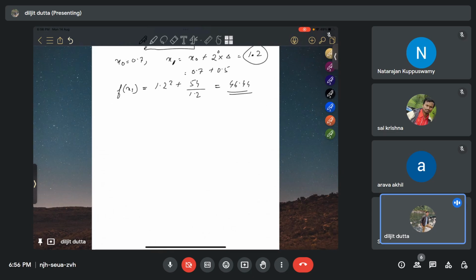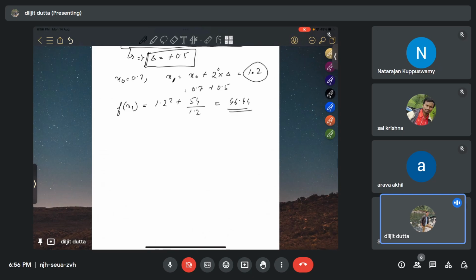46.4. That is already obtained before. It is 1.2 square, yeah.